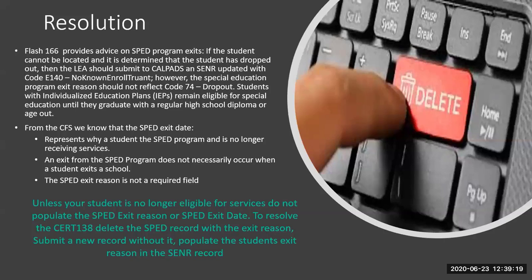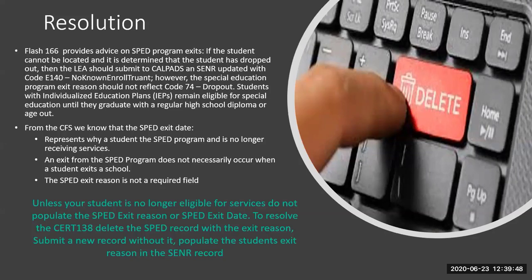As a matter of resolving the CERT138 error, Flash 166 provides advice on special education program exits. It says, in part, this is an excerpt: if the student cannot be located and it is determined that the student has dropped out, then the LEA should submit to CALPADS SENR updated code with E140, no known enrollment truant.